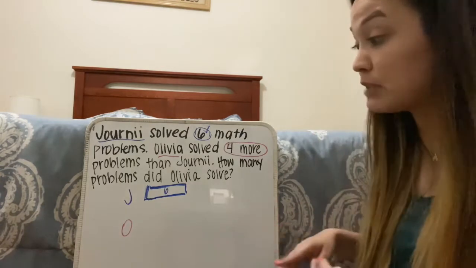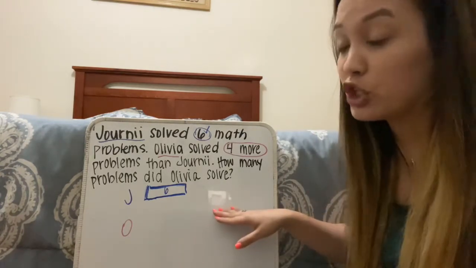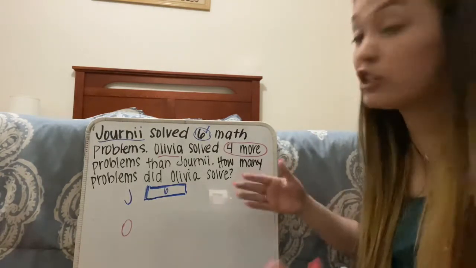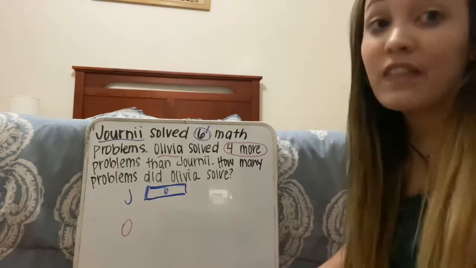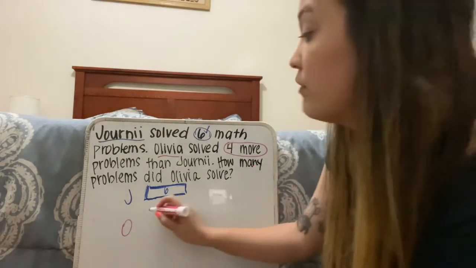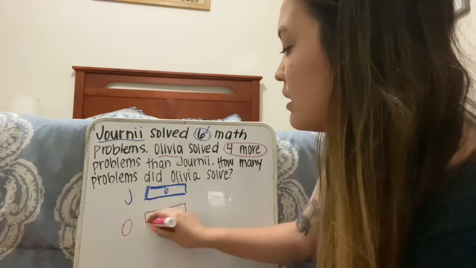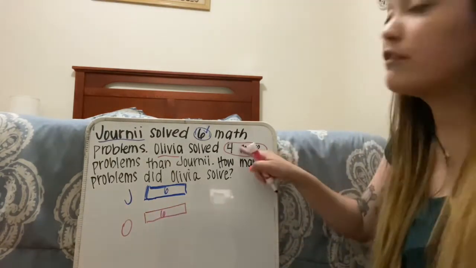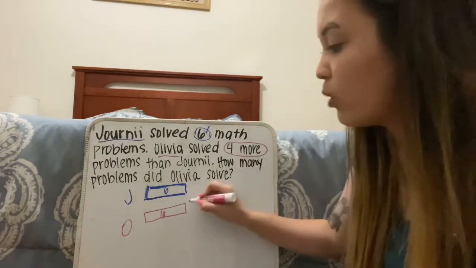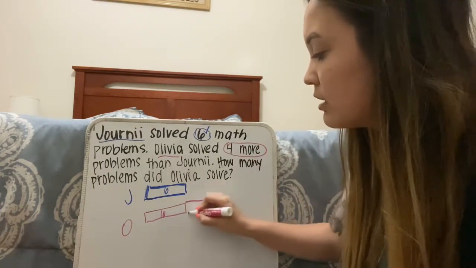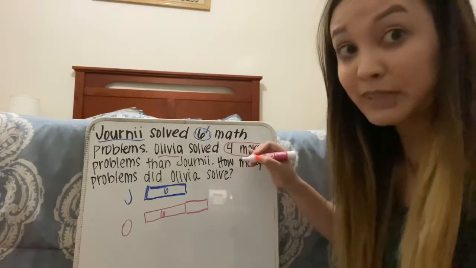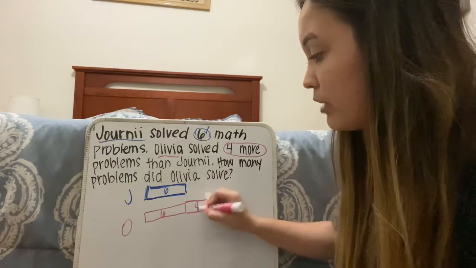So we know Olivia's picture is going to be a little bit longer than Journey's picture. Well, if she solved 4 more than he did, then we already know that she also solved 6 problems. So Olivia solved 6 problems as well, but she solved 4 more problems. So we have to add a whole extra box here for Olivia. And what number is going to go inside? It's going to be the 4 because she solved 4 more problems.